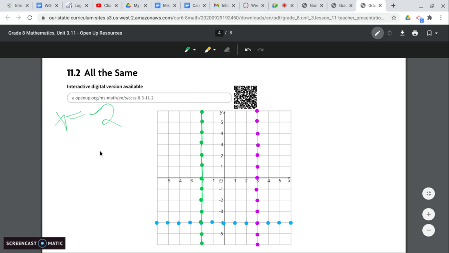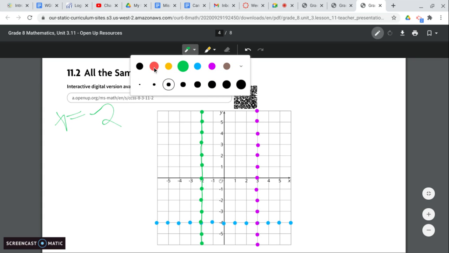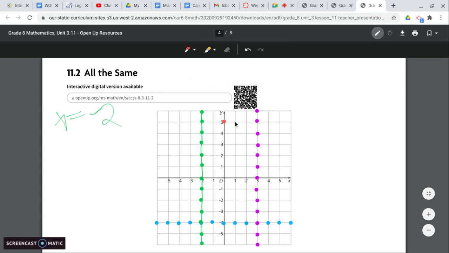All right, the other one was y equals 5. So that's going to be up above. So right here, y equals 5. Once again, because it's a y equals, it's going to be horizontal. And all of these points are going to be on the line.